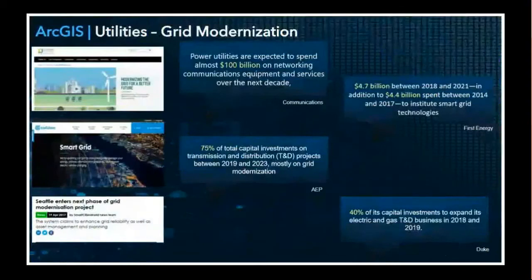So as we move on, utilities, grid modernization, if we look at data, power utilities are expected to spend about $100 billion on networking communications over the next 10 years. 75% of total capital improvement, investment, transmission, and distribution projects between now and 2023, mostly on the grid modernization. 40% of capital investment for electric and gas. $4.7 billion to institute smart grid technologies.